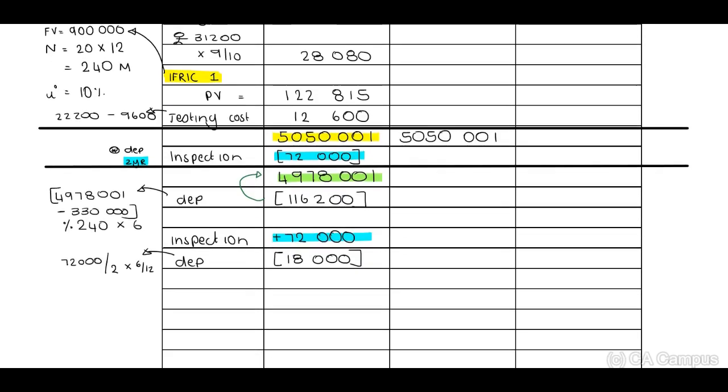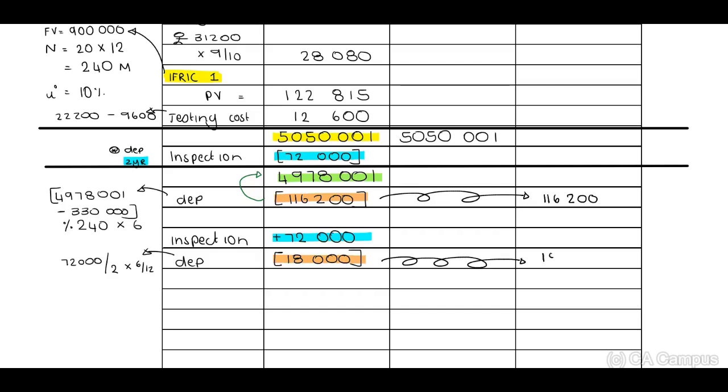Okay, if you do forget or you don't include a column, just keep track. Where did you calculate your depreciations, please? Okay, so my depreciation 116,200 and 18,000. I am going to transfer this to my column, 116,200, and I have the 18,000. Now, why do I do this?